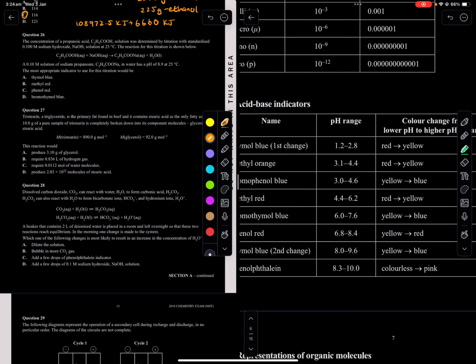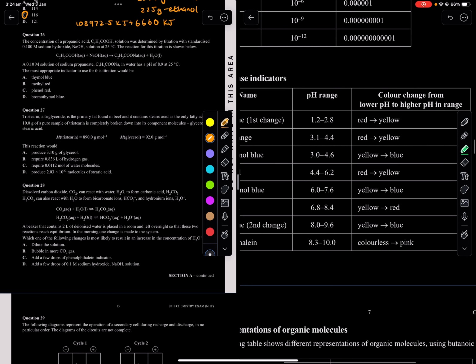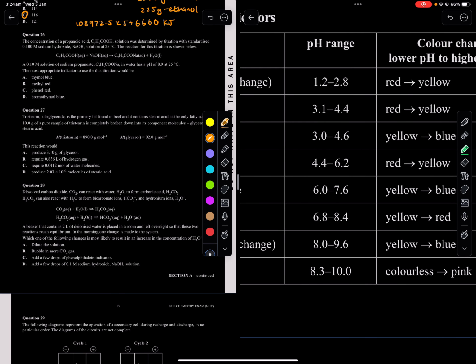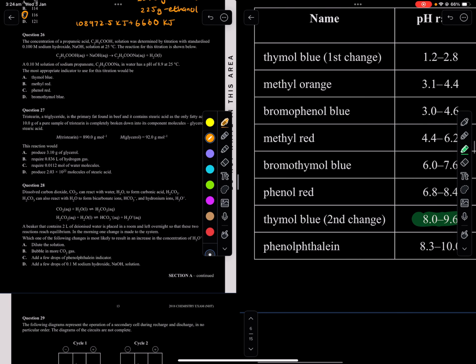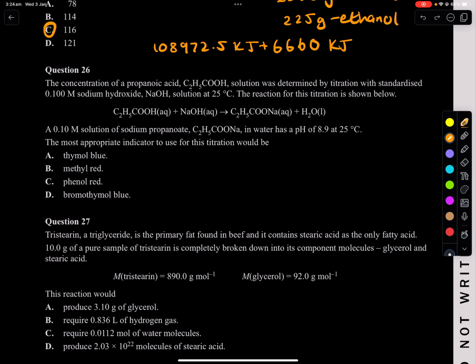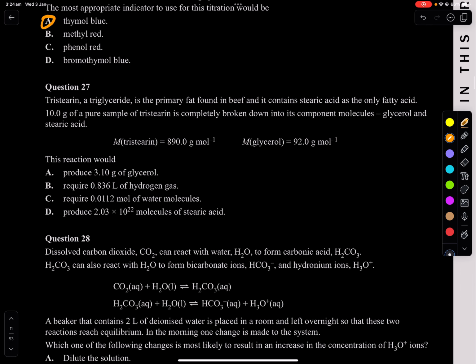Because we're saying 8.9, where is 8.9 in the pH ranges? It's around this one over here. So this is the one that you're going to use. Thymol blue, second change. So thymol blue would be the best indicator to use here. Choose A, actually. Yeah, 26A. Nice and easy.